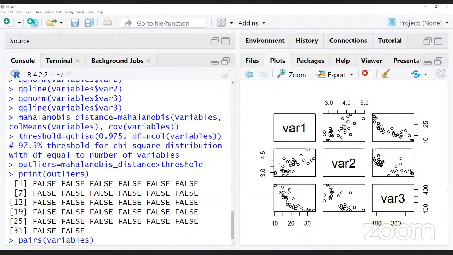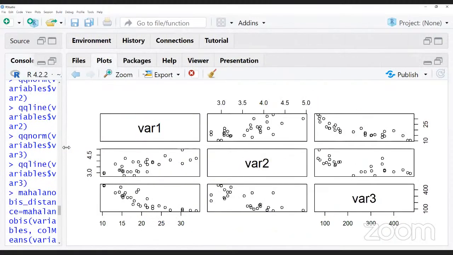So var1 is correlated positively with var2, but it is negatively correlated with var3. var2 also is negatively correlated with var3. This is clear to all of you?